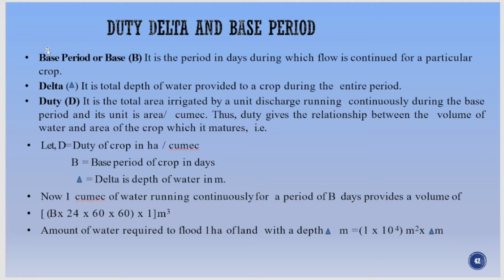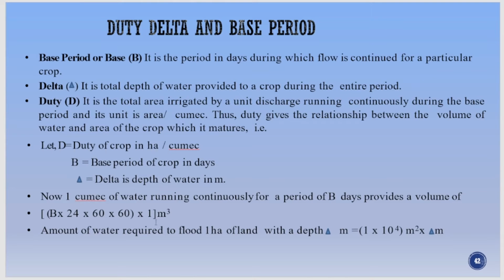Base period is represented by b, delta is represented by the delta symbol, and duty is represented by capital D. So the total volume of water supplied to the irrigation field will be this much. b is the number of days, multiplied by 24 hours, then 60 minutes, 60 seconds, which gives the number of seconds the water has been supplied.